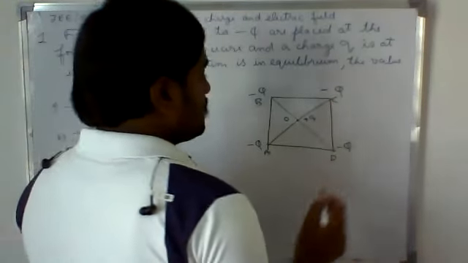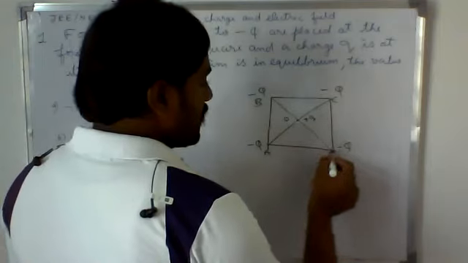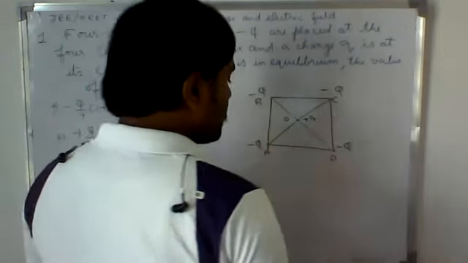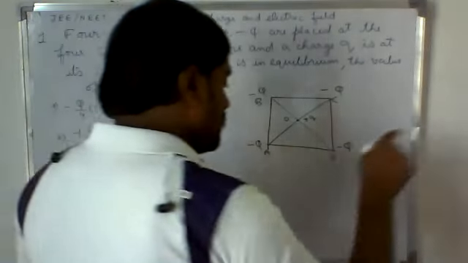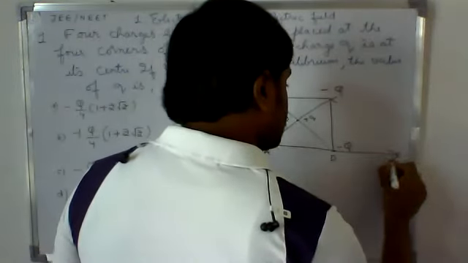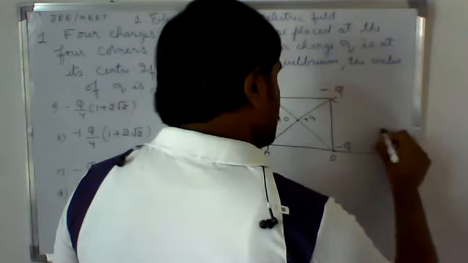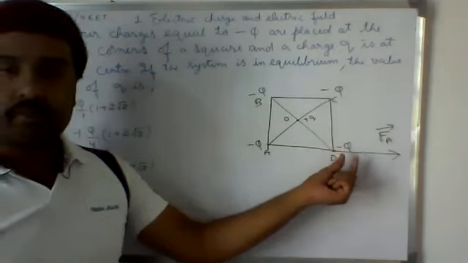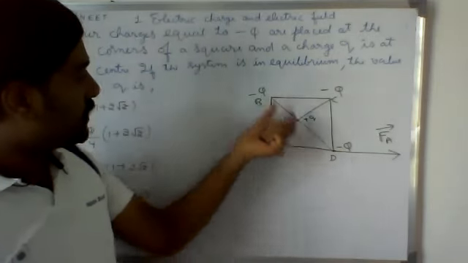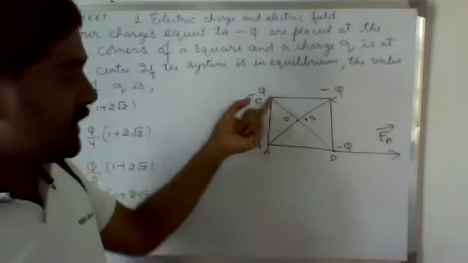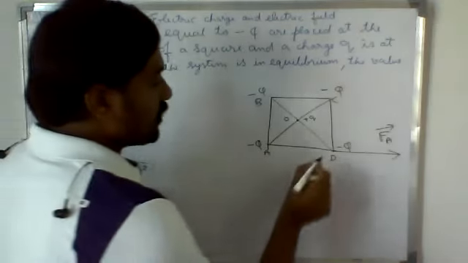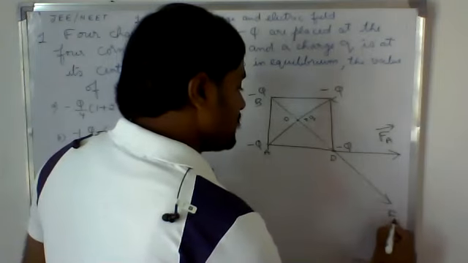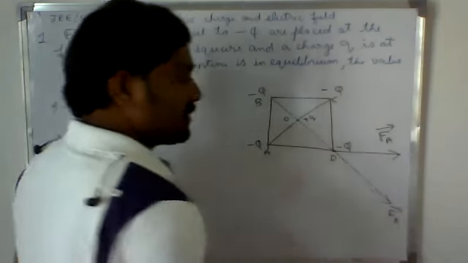One is the force acting on minus q at point D due to minus q at A, that is repulsive, along the direction AD. This is the FA vector. The force acting on minus q at D due to minus q at B is repulsive, along the direction BD. This is the FB vector.